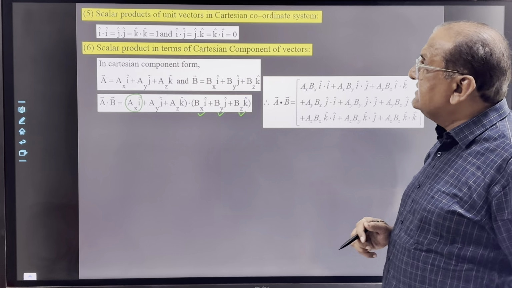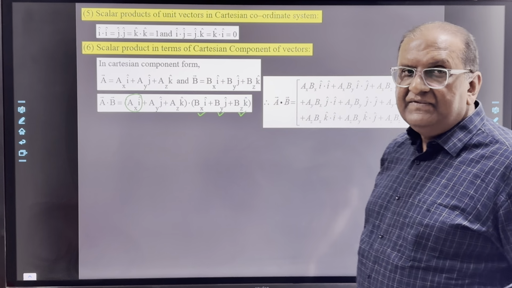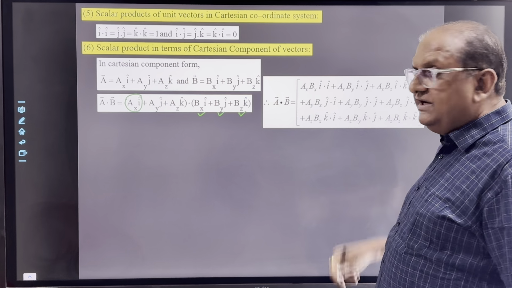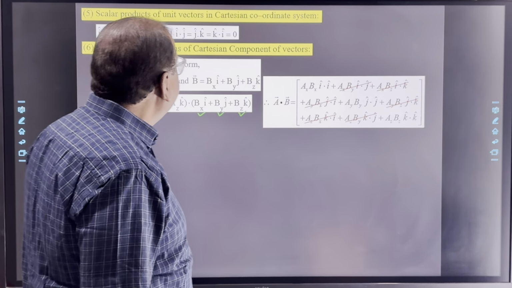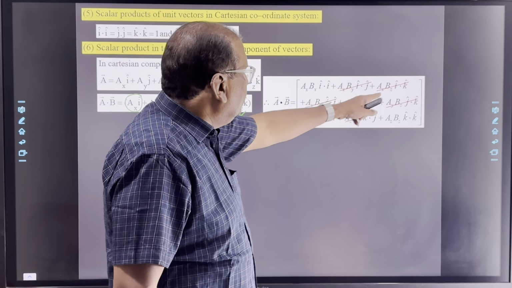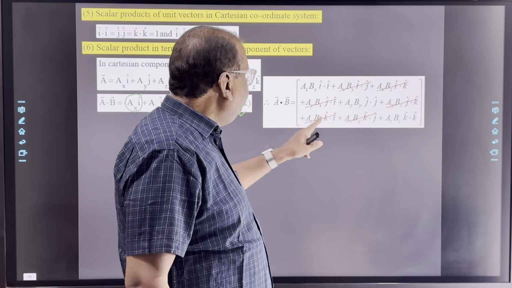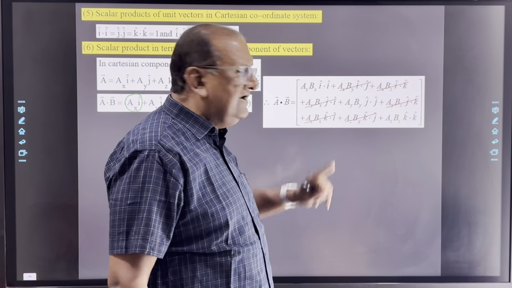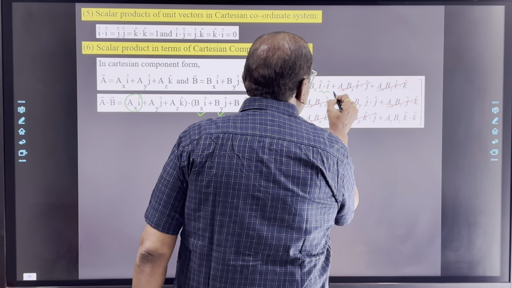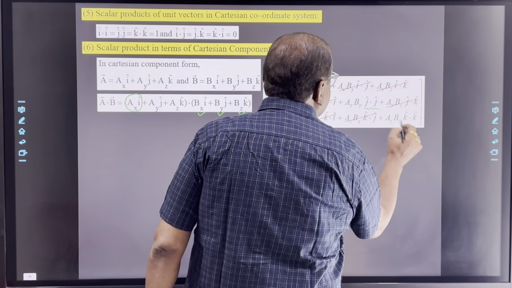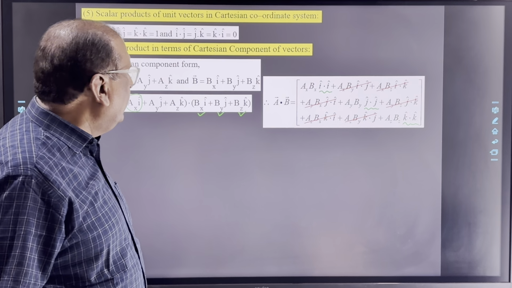But we already discussed the scalar product between unit vectors. So from that, substitute the values here. The terms i dot j, i dot k, j dot i, j dot k, k dot i, k dot j will be zero. And i dot i, j dot j and k dot k will be equal to 1.